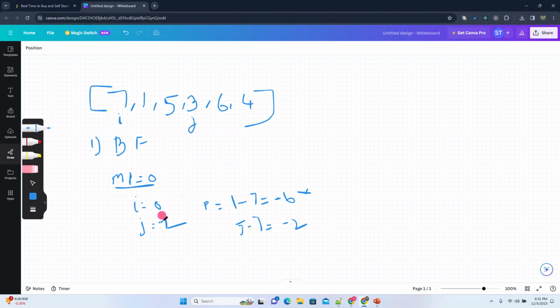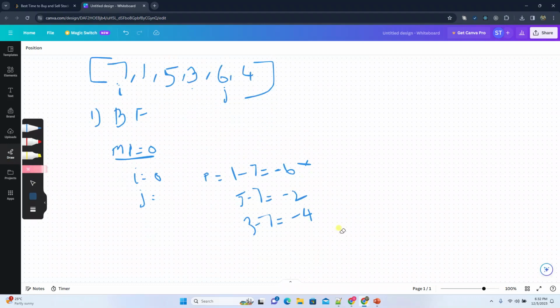We'll move j to this position, that is 3. What is the value at position 3? It's 3, and 3 minus 7 is minus 4. This is also not greater than what we expected. Still i is 0. Now j will become 4.